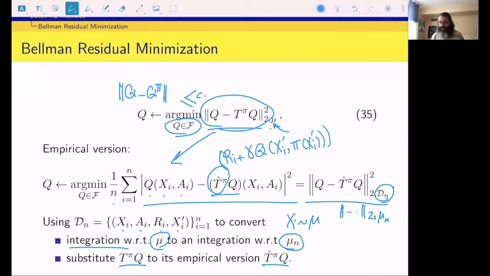First you evaluate Q at xi, ai, one data point, and then minus reward, minus gamma times Q at xi prime and pi of xi prime, so at the next state. And then you compute the gradient of it and backpropagate it if you use a neural network, and move in the opposite direction of the gradient, that is, gradient descent.